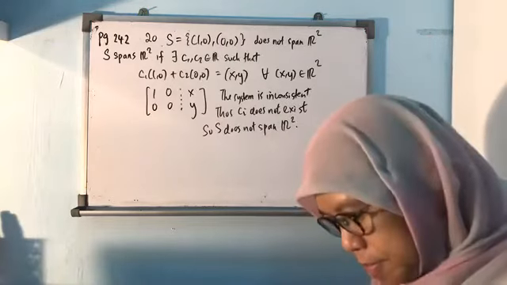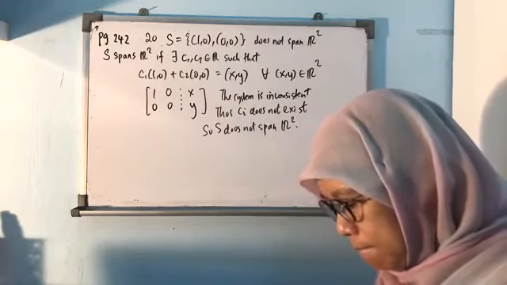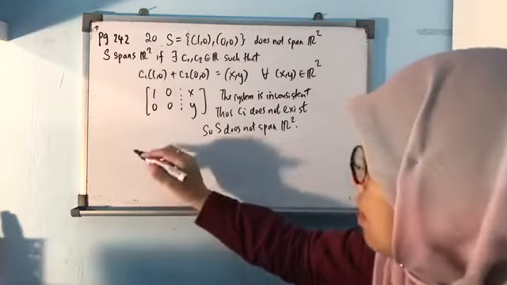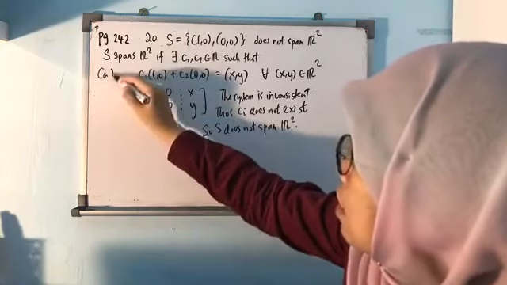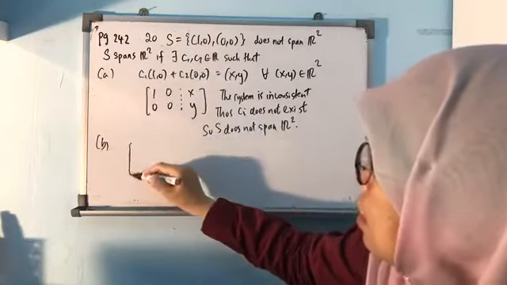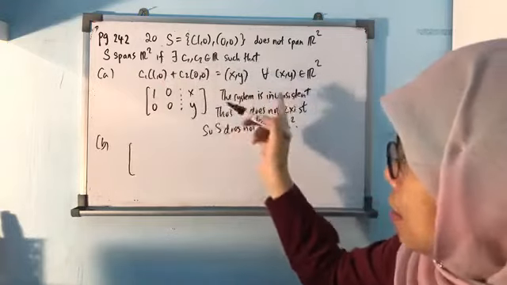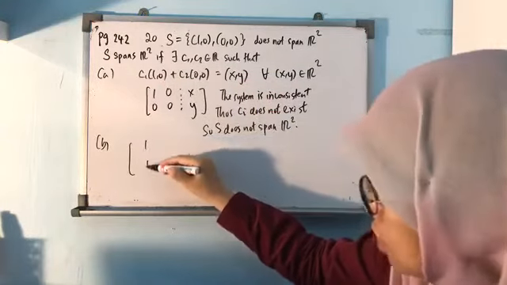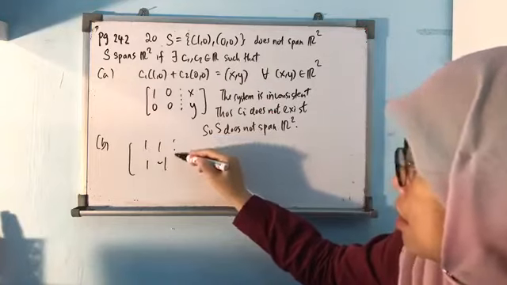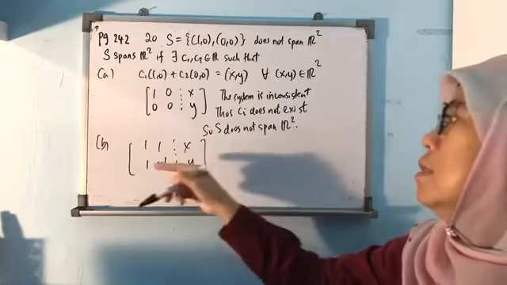Alright. For B, it's very similar. This was for A. For B, you have to write again. Don't just write this, because what does this mean?